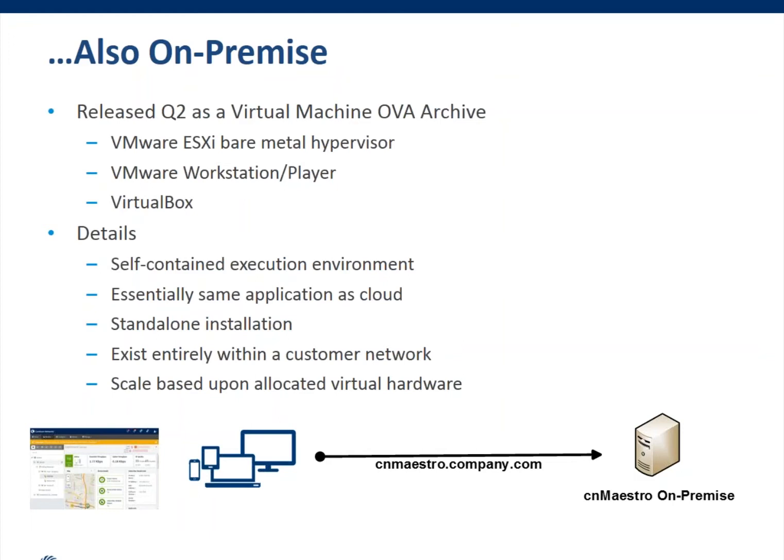The OVA is essentially a self-contained environment providing the same functionality as you can get in cnMaestro Cloud, and then it will essentially be a standalone application that can exist within your network. The hardware requirements for cnMaestro on-premise will vary depending on the number of devices that you're looking to manage.